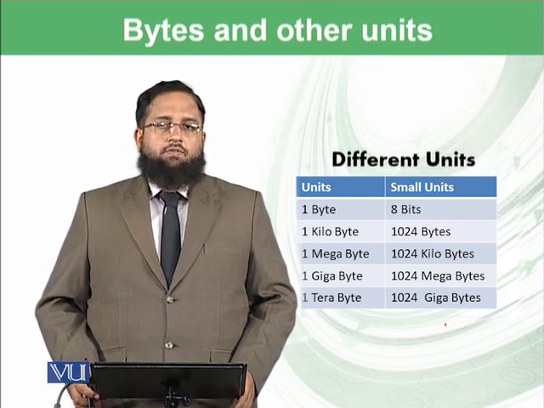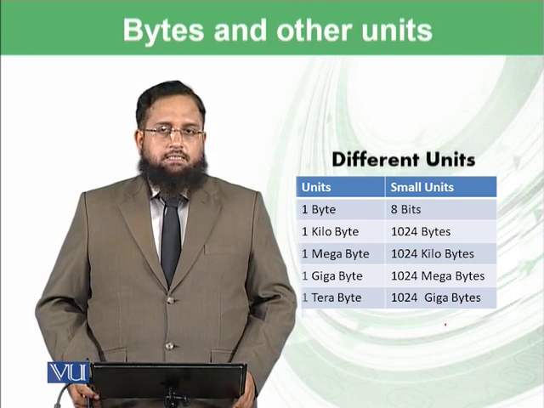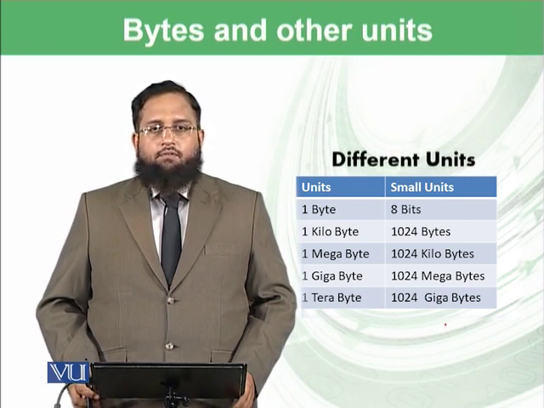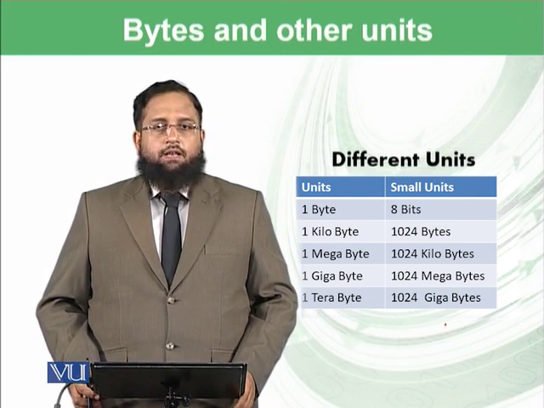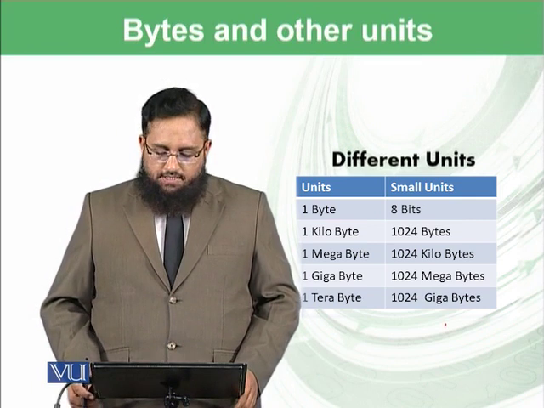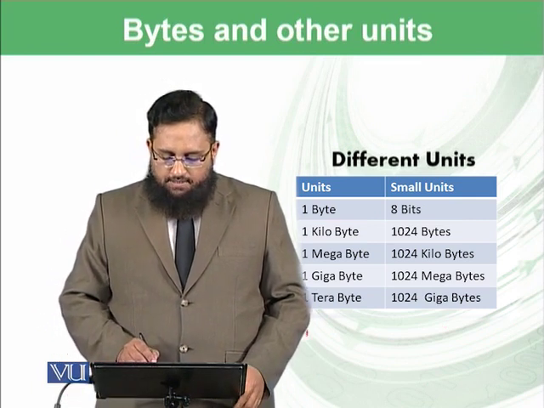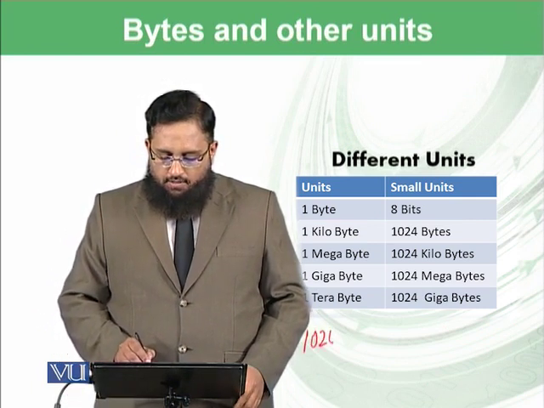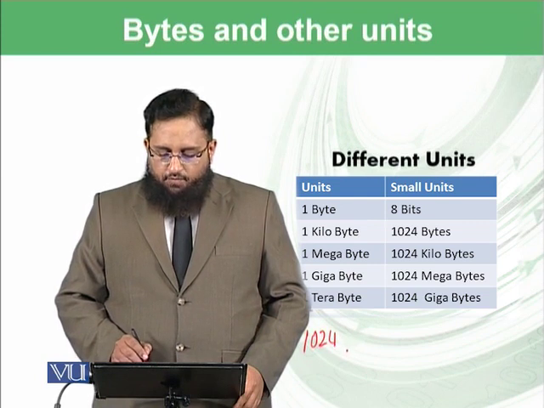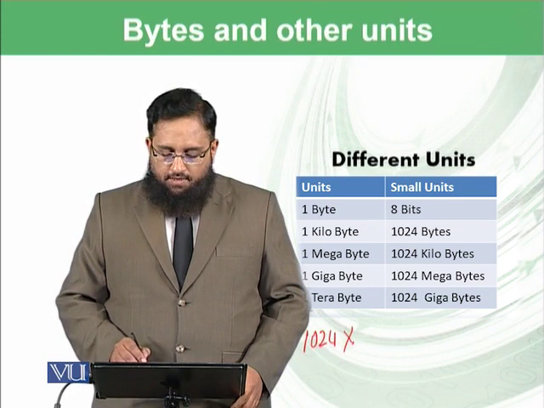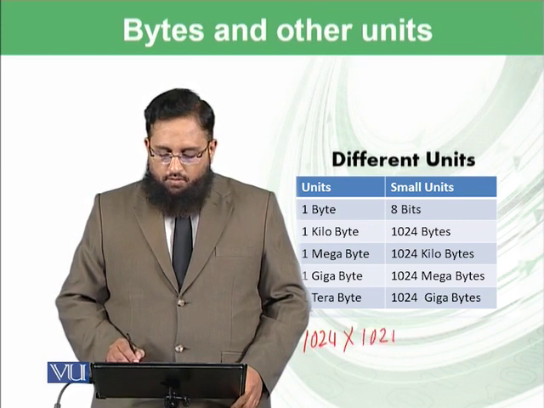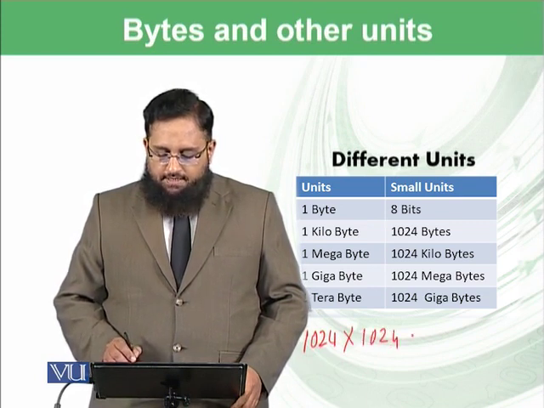You must have heard about these kinds of sizes of hard drives and RAMs. For example, if you say that you have a hard drive of 1 terabyte, this means it has 1024 gigabytes. If we want to find how many megabytes it has, you will again multiply by 1024.